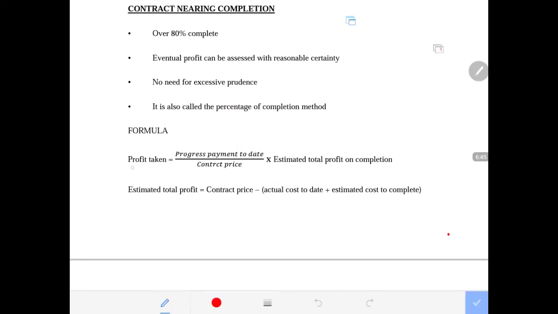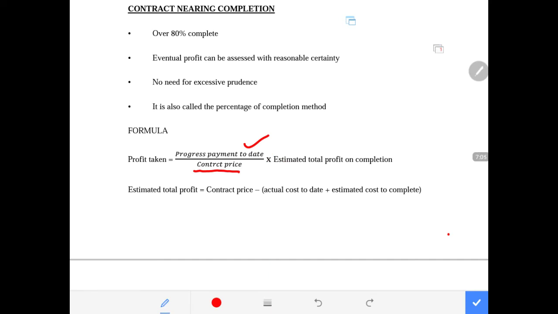It says that profit to be taken is the progress payment to date, meaning progress payment that we've received to date. Divide this by the contract price, and we multiply it by the estimated total profit on completion.